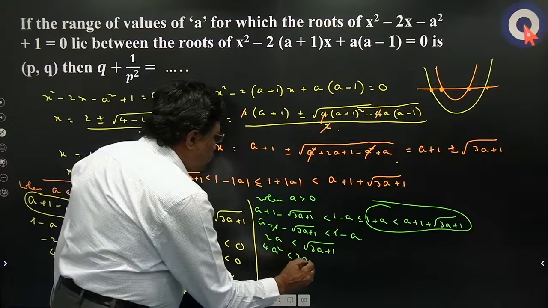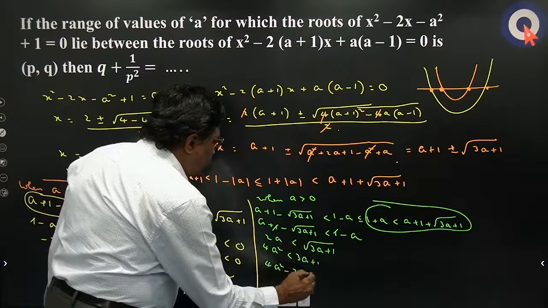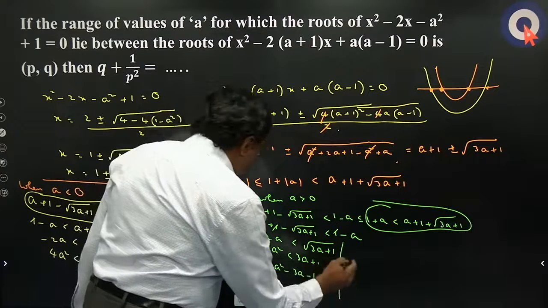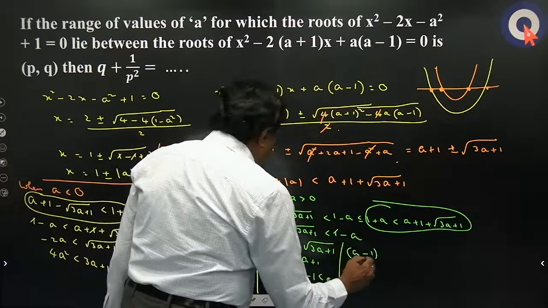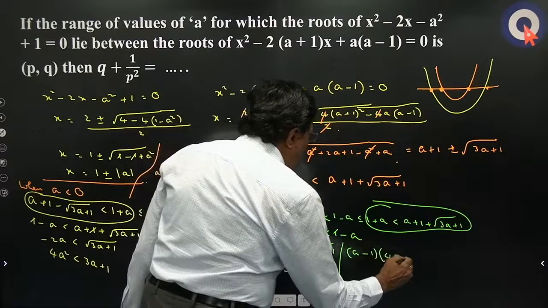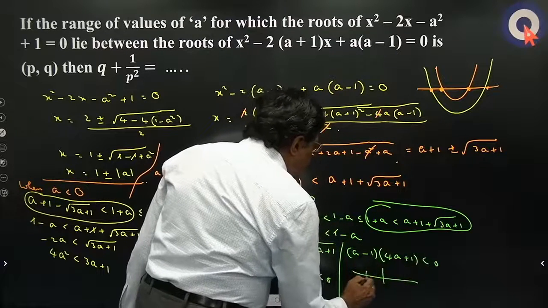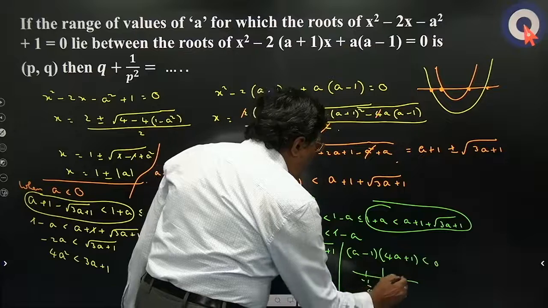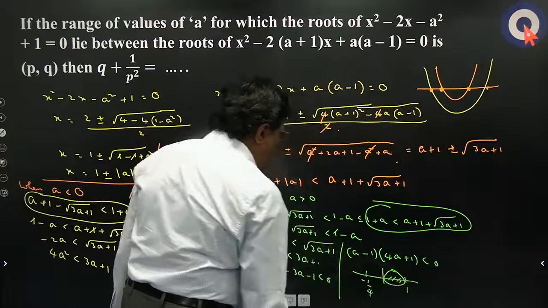So this is 4a square minus 3a minus 1 less than 0. In other words, what you are getting is again the same thing, a minus 1 into 4a plus 1 is less than 0. That means again a lies between minus 1 by 4 and 1, and because a is greater than 0, I can only take this much, 0 to 1.